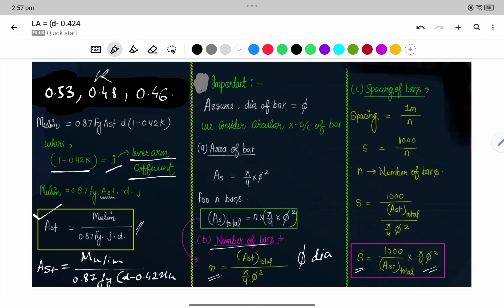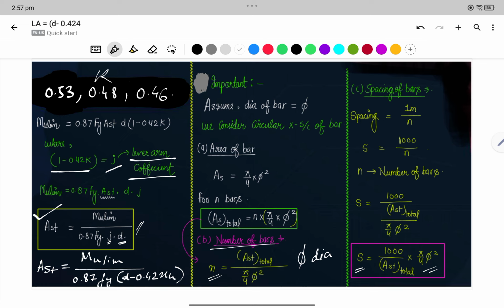Okay, so how are we writing this formula? We are taking d, and this j is represented as 1 minus 0.42 k.